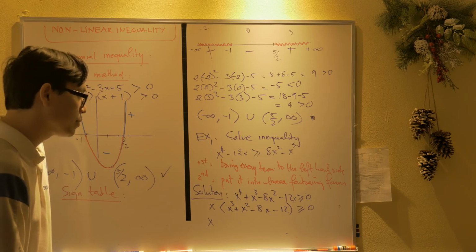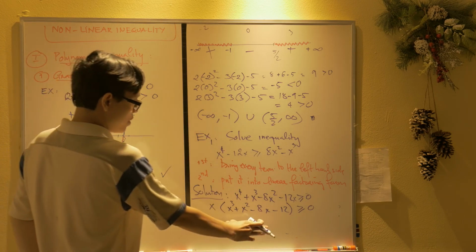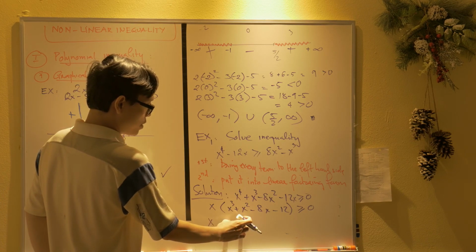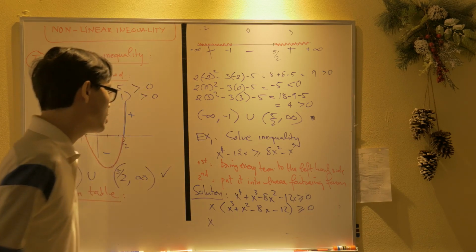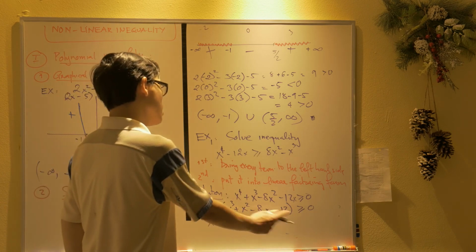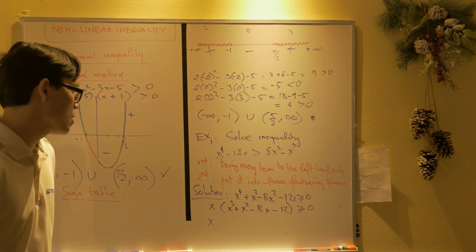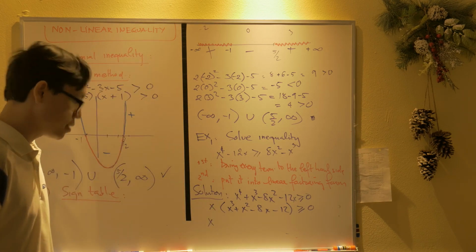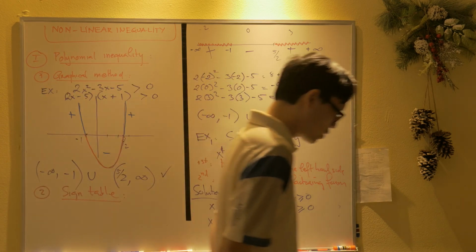Let's see if we can group this and this. x plus 1, it doesn't work, right? Because if we group this and take 4 out, you have 3. So it's not working by grouping.